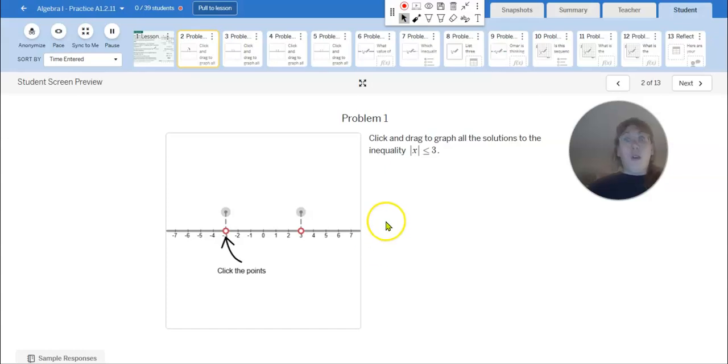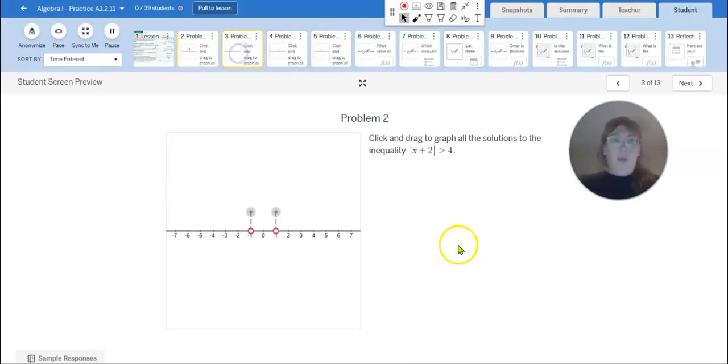Now we do have or equal to, we have that line underneath, so we want to make these circles solid. And then when it's less than, we're shading in between, because these are all numbers that are either 3 spaces away from 0 or less than 3 spaces away from 0. So there's our solution for problem 1.